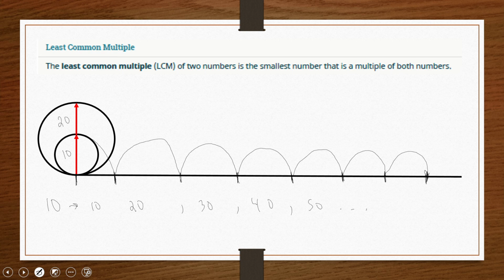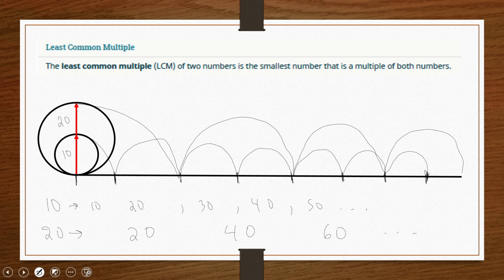Now, I can do the same thing for the second wheel, and notice how this works out. When I multiply through here, I end up with a similar distance. As it bounces along, the first distance from the start would already be 20, and then the second distance would be 40, the third being 60, and so on and so forth.